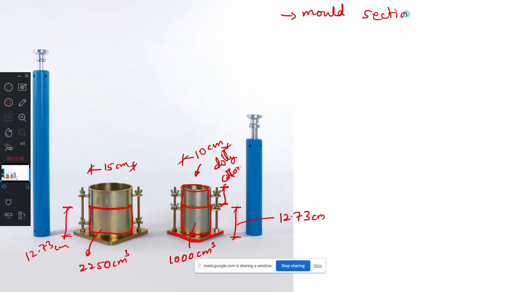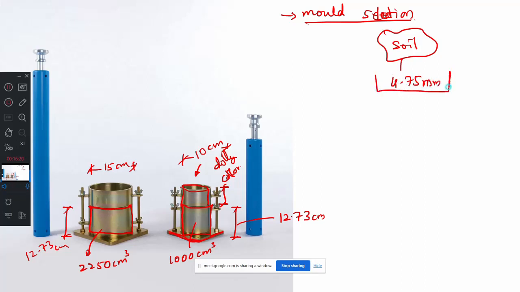There are two types of mold, but out of these two, which one do I have to select? For that you have to do a small test, that is a sieve analysis. Take the soil and a 4.75 mm sieve.